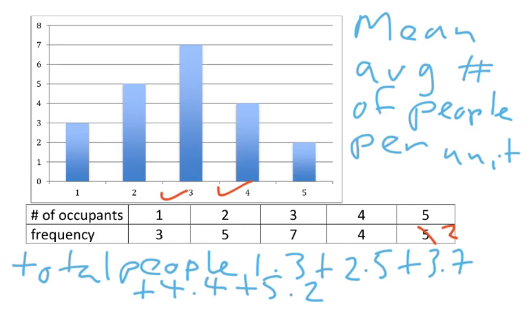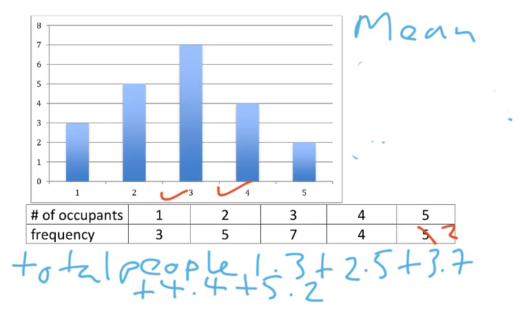Let's get our calculators out and figure out what that is. 1 times 3 plus 2 times 5 plus 3 times 7 plus 4 times 4 plus 5 times 2 equals 60. I'm going to create a little bit more space for myself up here. I have a total of 60 occupants, or 60 people.